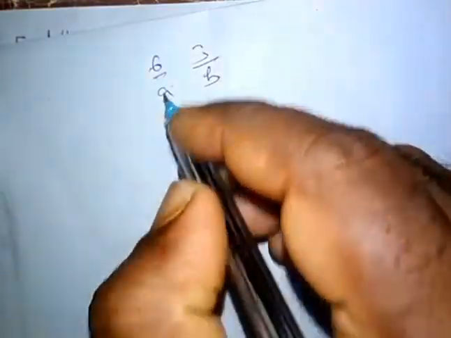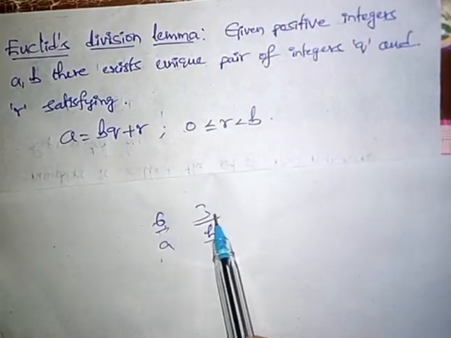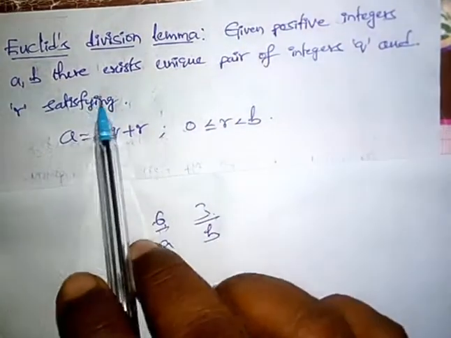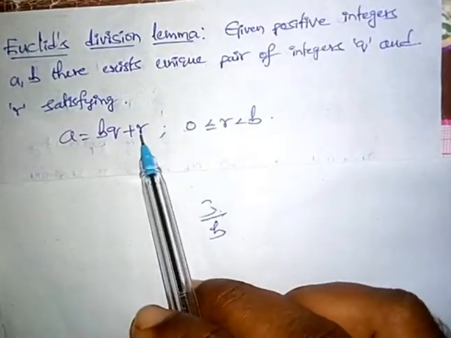Here a, b are two positive integers. According to the definition, given positive integers a, b, here I am taking a as 6 and b as 3, and there exists a unique pair of integers q and r satisfying a equal to bq plus r.